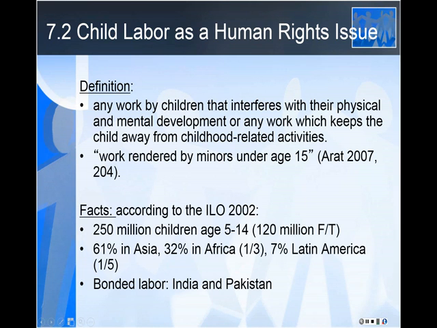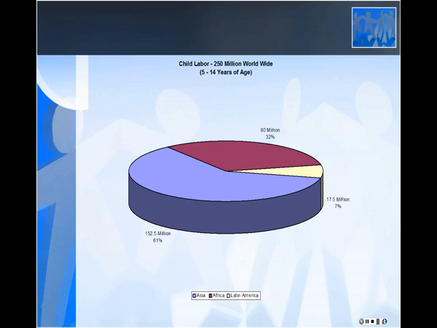And then bonded labor is particularly high in India and Pakistan, and that is the description I just read you from Human Rights Watch about what happened to the 7-year-old Anwar in Pakistan. We can break this down even further. While Africa has the highest percentage, Asia has the greatest number.